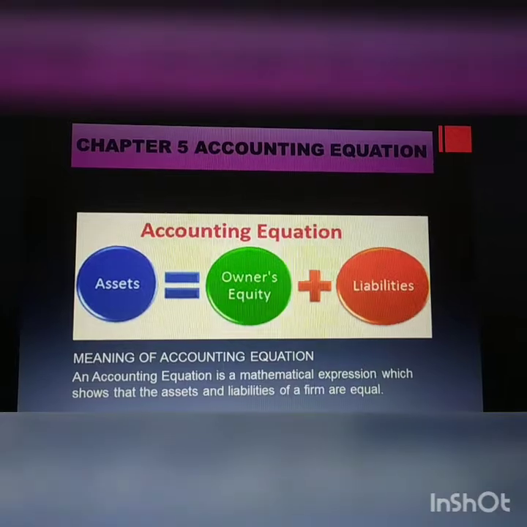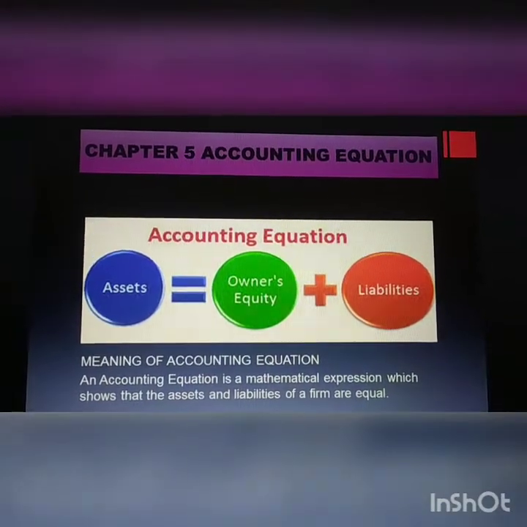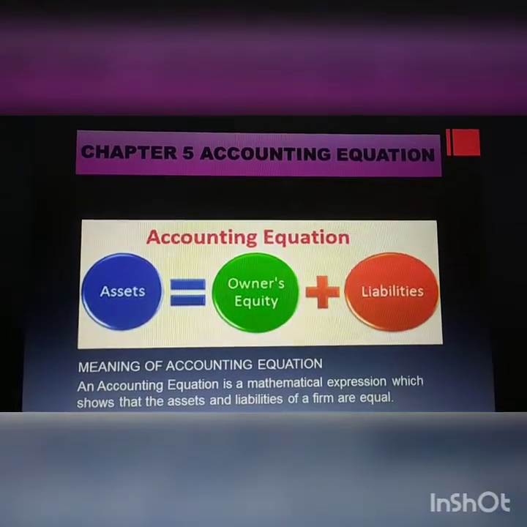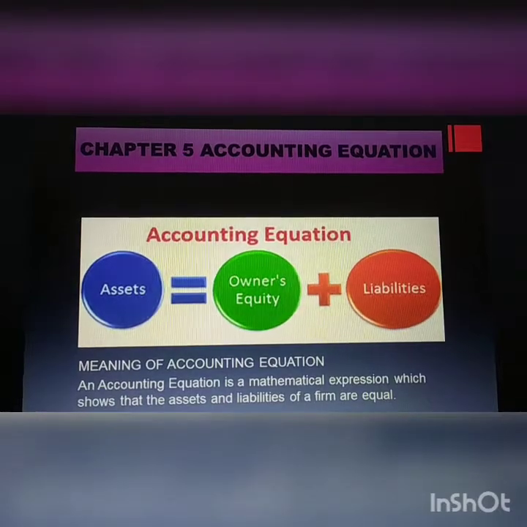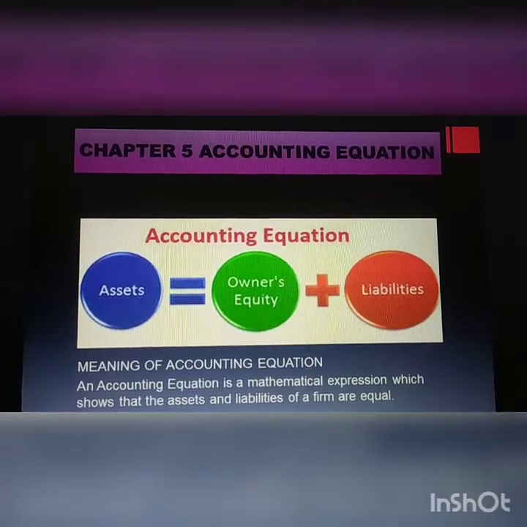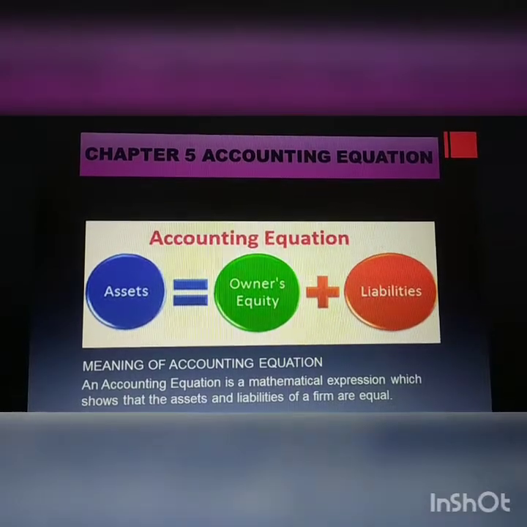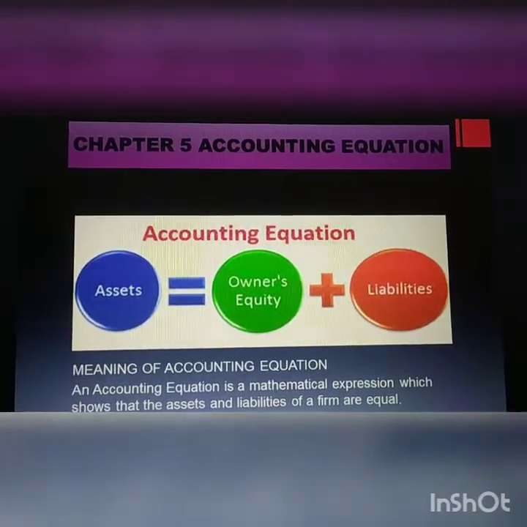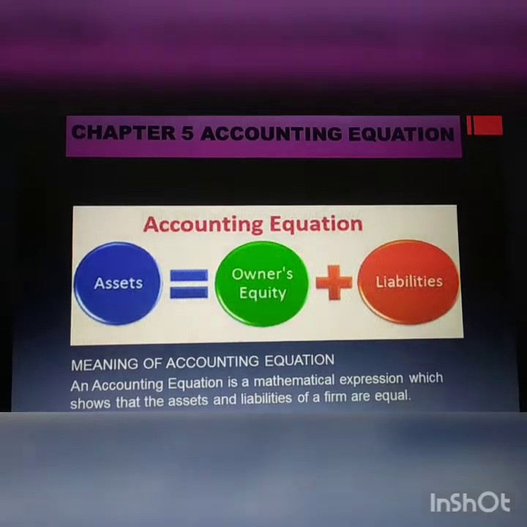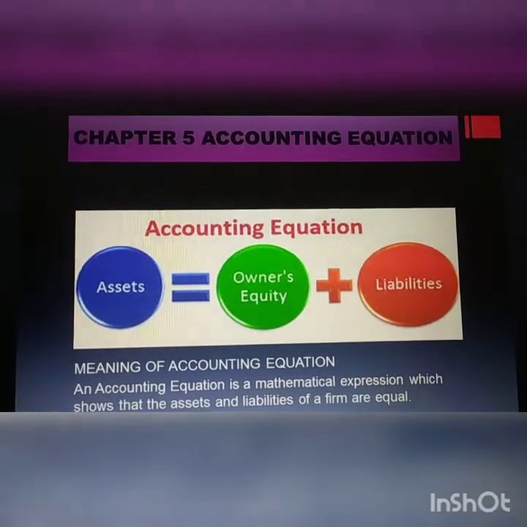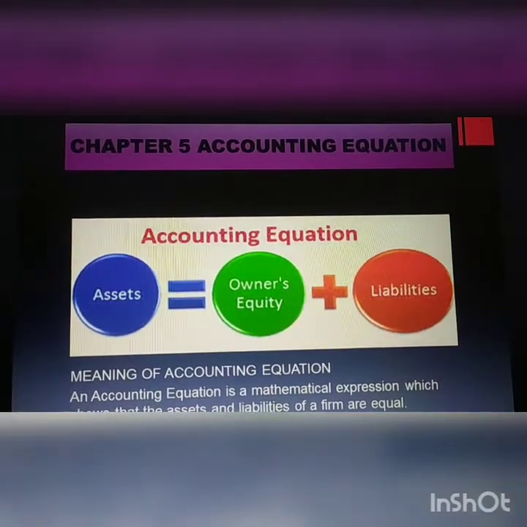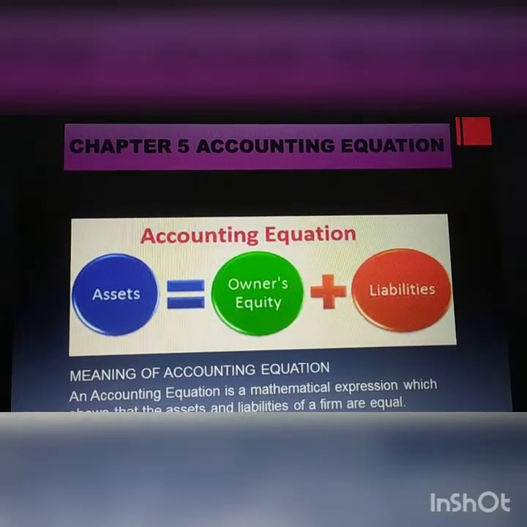Alright. Owner's equity, that is your capital, the amount invested by the proprietor into the business is known as capital. Then we have liabilities. Liabilities means the amount that a business owes to persons other than the proprietor.